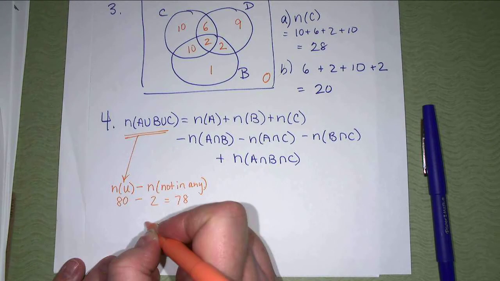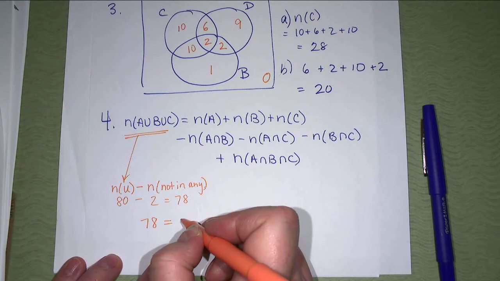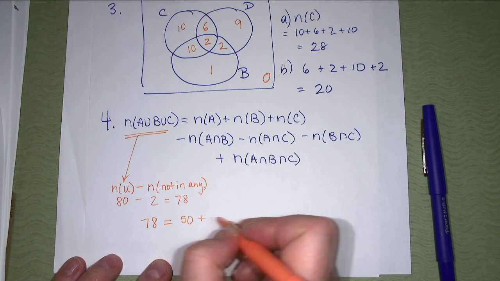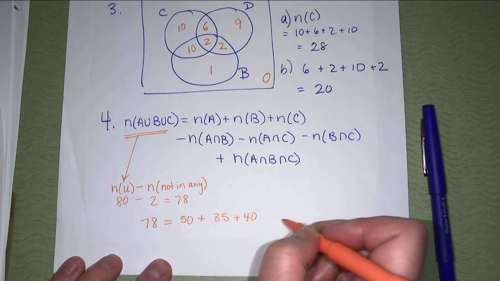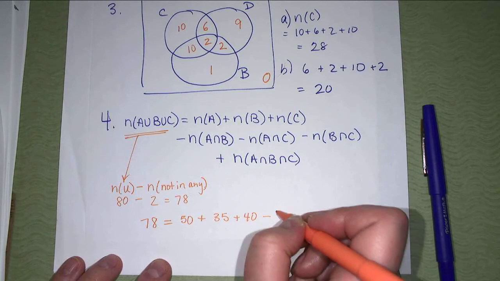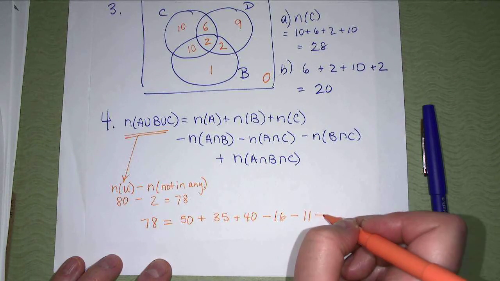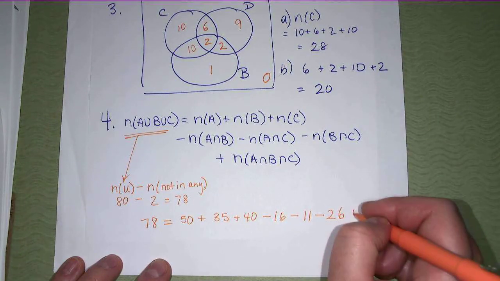So the number in A, trampoline, we'll call A, is 50, 35, 40, and then the 3 intersections are there, so you subtract those, 16, 11, 26, and then we add back on the one we want.